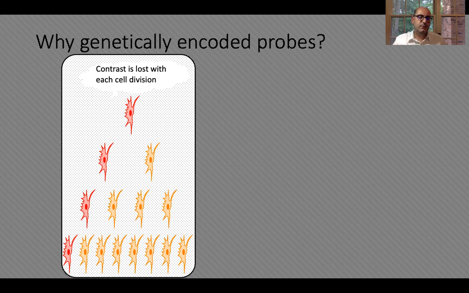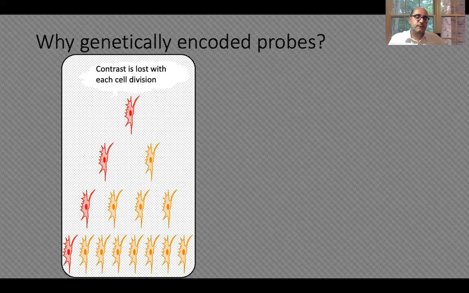The problem with nanoparticles is that you can introduce a fixed amount of nanoparticles into a cell, but once the cell starts to divide, each of the daughter cells will inherit half of your contrast agent. So after a very few number of cell divisions, you lose most of your contrast.